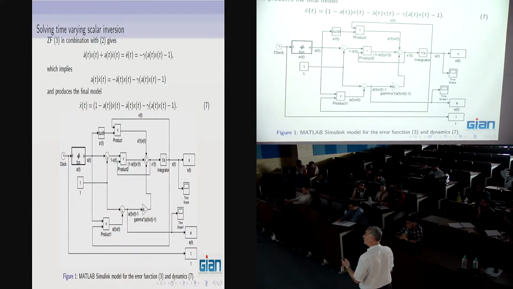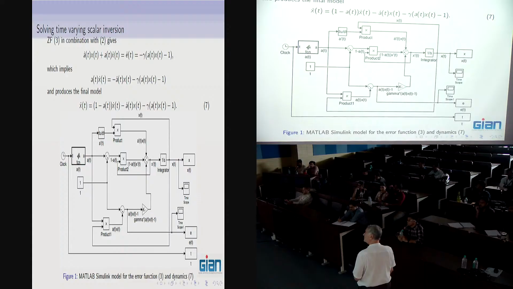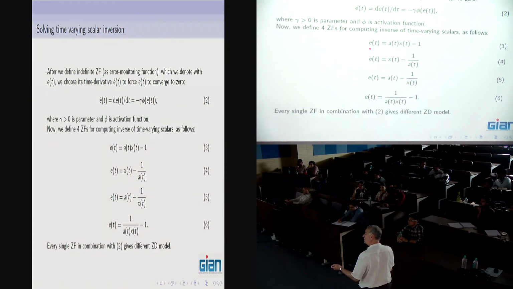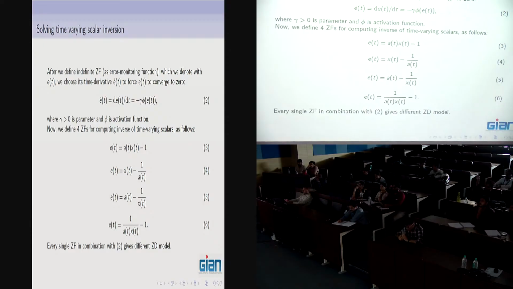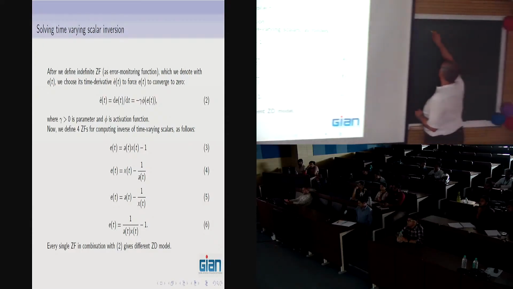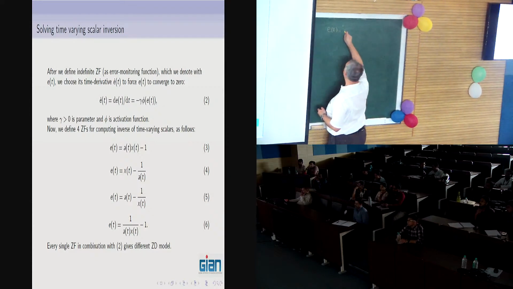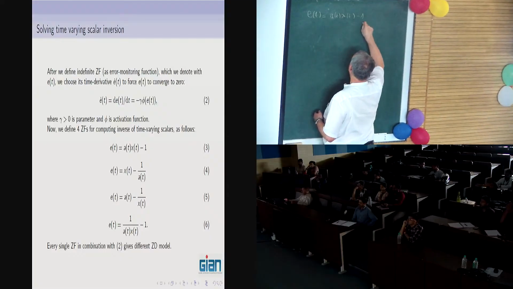Now you are experienced in defining ZNN models, and some of you can define the ZNN model using this error function. We have E of t equals a of t x of t minus 1.